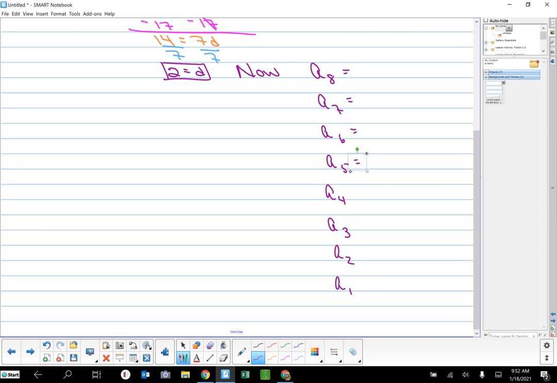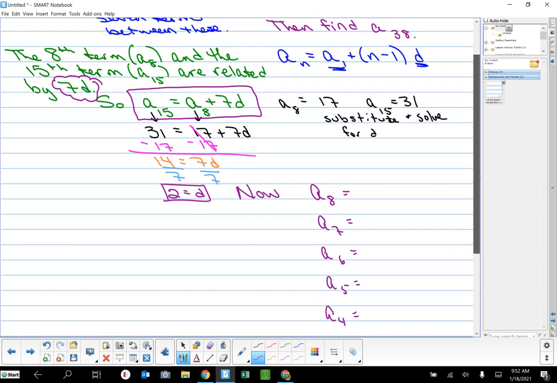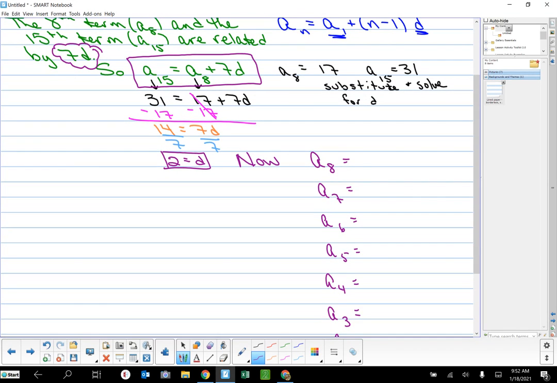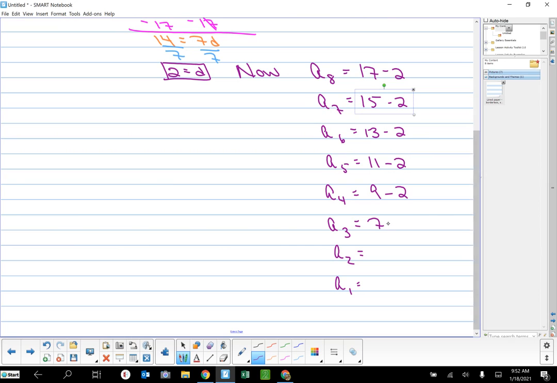If we know what the common difference is, we can subtract that off until we get to where we need. So we know that a sub 8 is 17. We know the difference is 2. So I'm going to take off 2, and I get 15. 13, 11, 9, 7, 5, and 3. Now I know a sub 1.